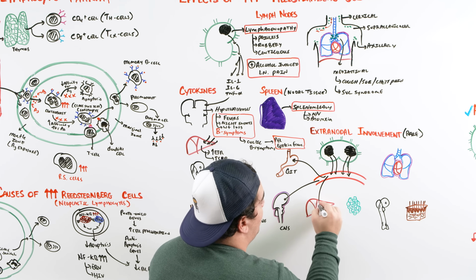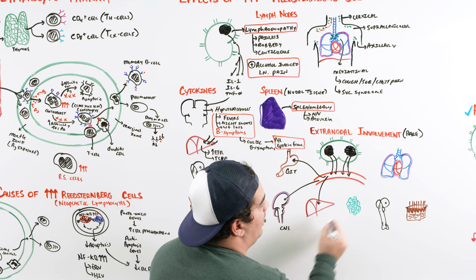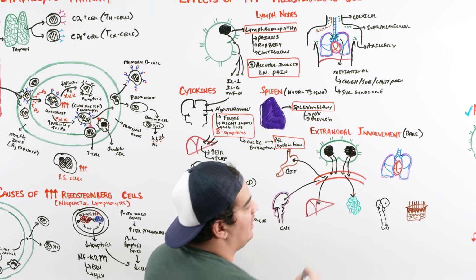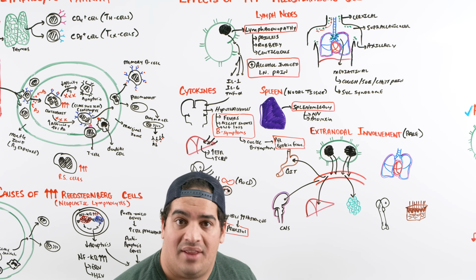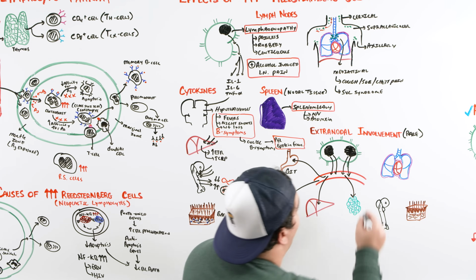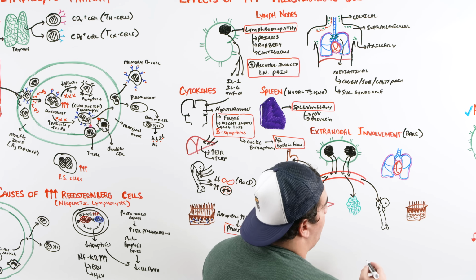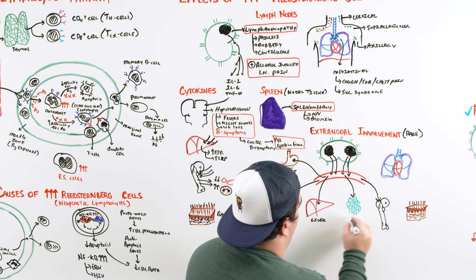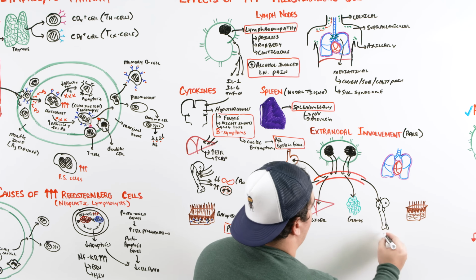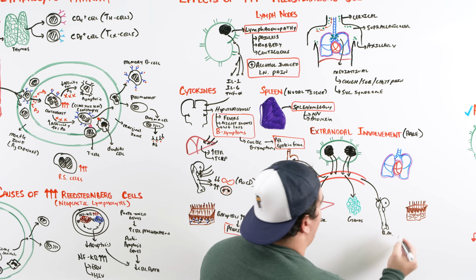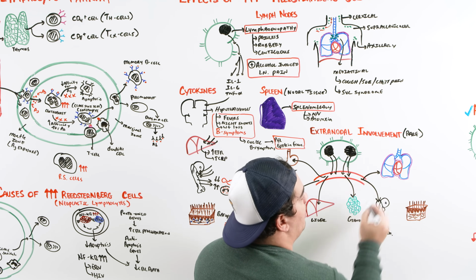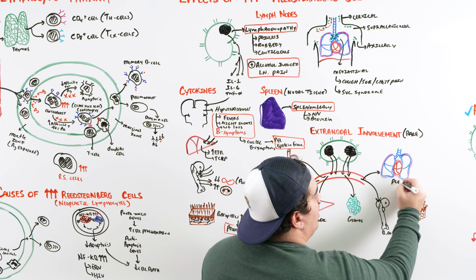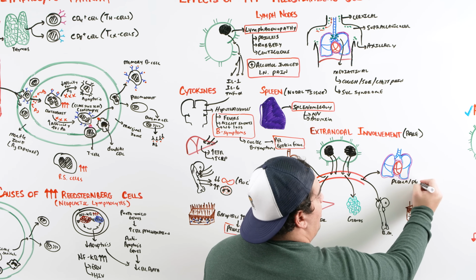It could potentially spread to the liver and cause hepatomegaly. It could potentially spread to the glands like the salivary glands, the thyroid gland, the lacrimal glands. It could potentially spread to the bone marrow. So you can see CNS, you can see liver, you can see glands, you can see bone marrow. It could even spread to the pleura and the pericardium.